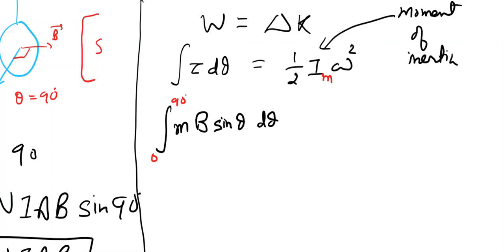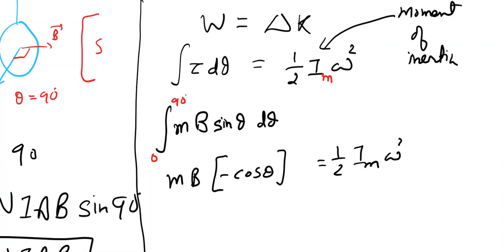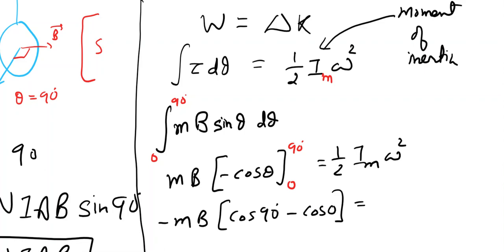So integration of sine theta is minus cos theta. So m B minus cos theta is equal to half I_m omega square, and theta is from 0 to 90 degree, and hence we'll have minus mB, cos 90 minus cos 0, equal to half I_m omega square.